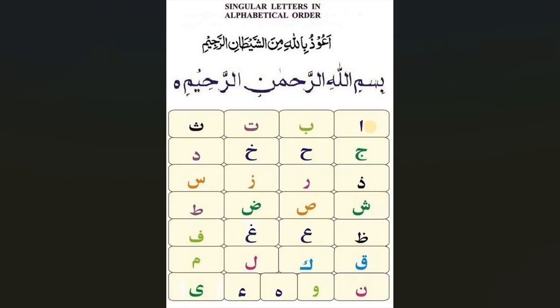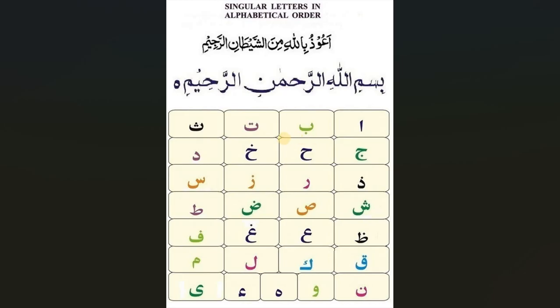As you know, there are 29 basic Quranic letters, and we already discussed 6 letters for the Izhar rule, 6 more letters for the Idgham rule, and 1 letter for the Iqlab rule. That means we discussed 13 letters from these 29 letters already.